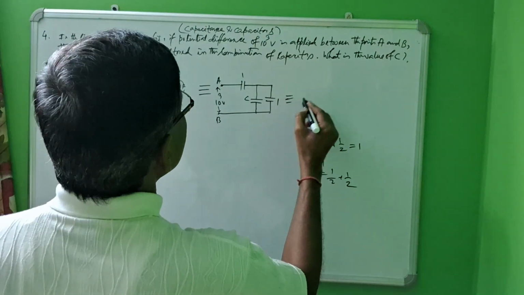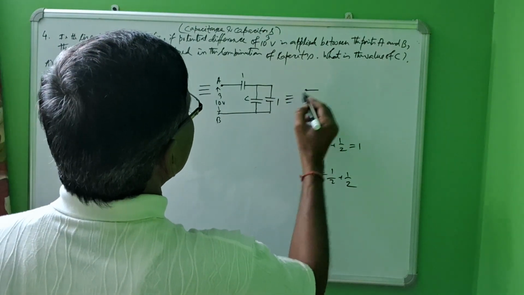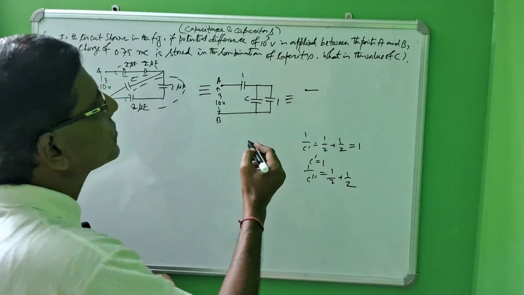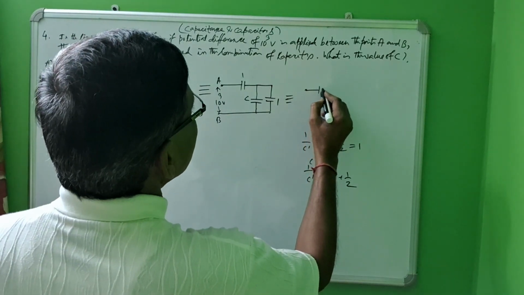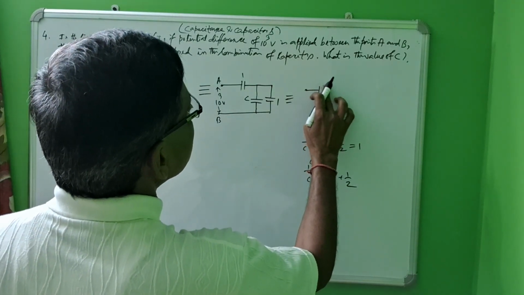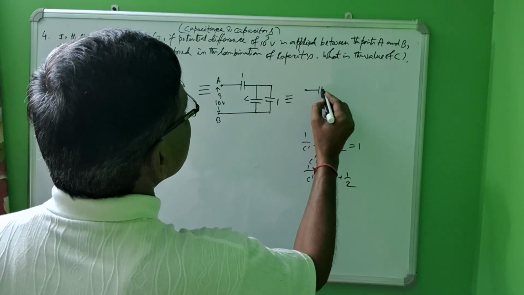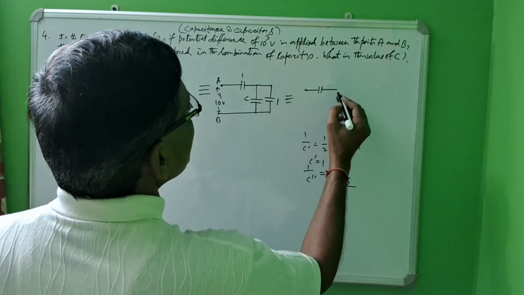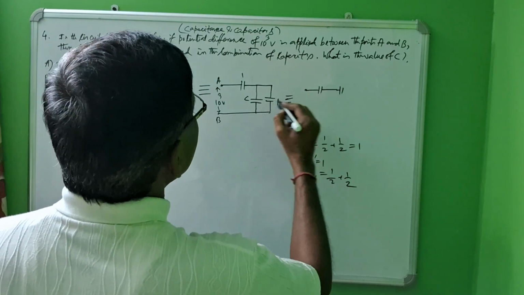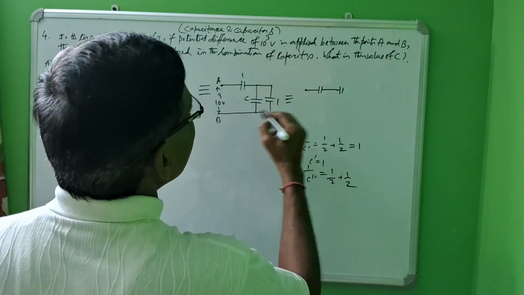And by virtue of this, again this is in parallel connection, so we can write this as 1 plus this.